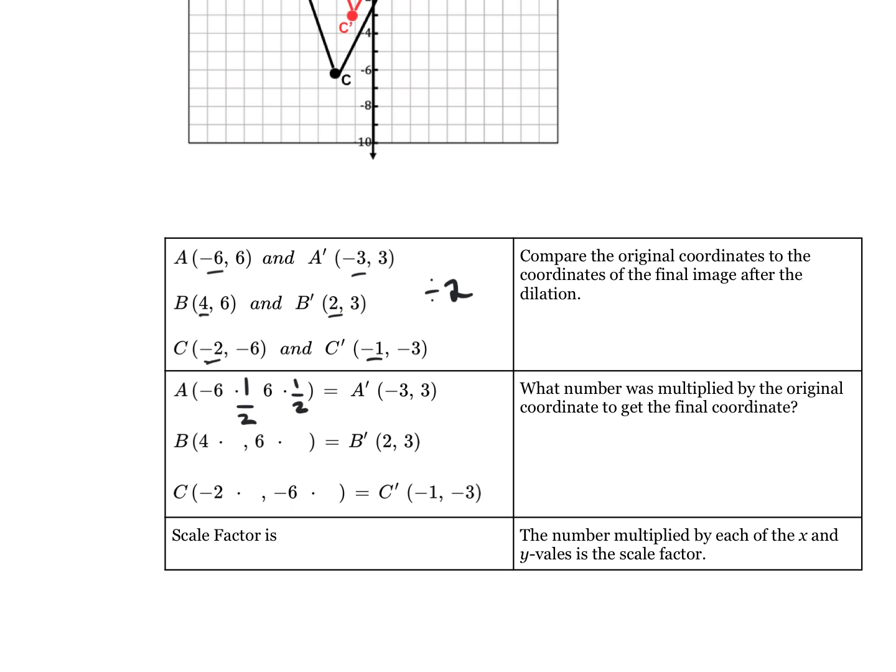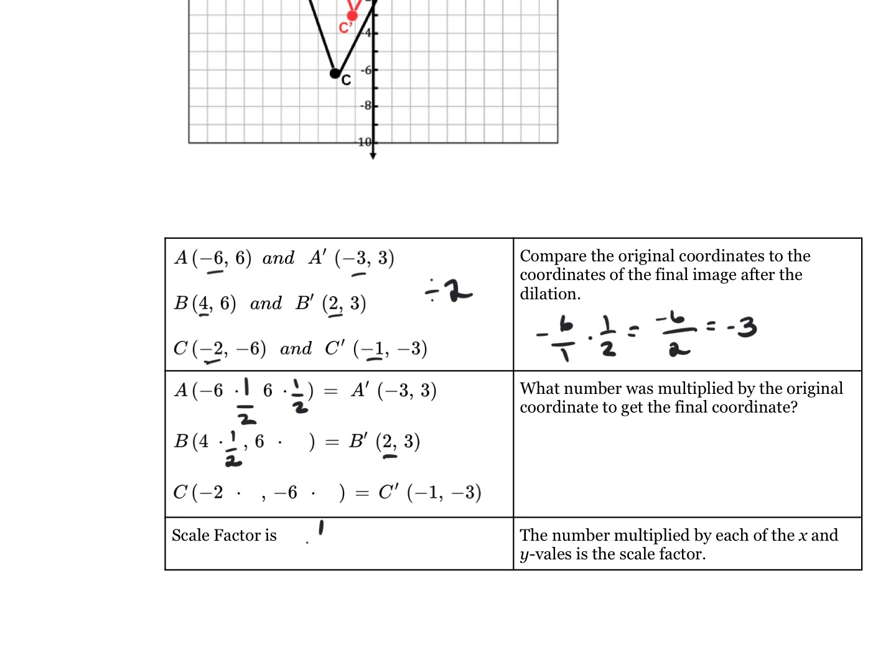Because when I multiply -6, I can put that over 1, and I multiply that times 1/2. When I multiply straight across, simplifying our answer is what gives us that final step of dividing. So that's how we get -3. And when I multiply 4 times 1/2, that's 4 divided by 2, which is obviously 2.